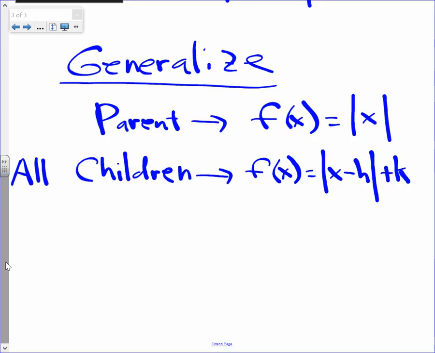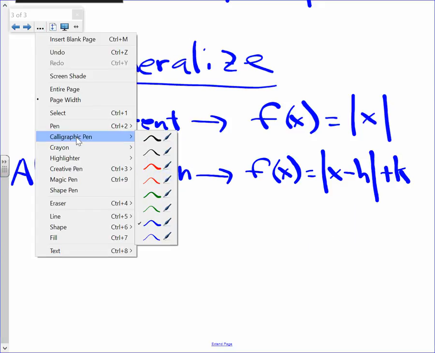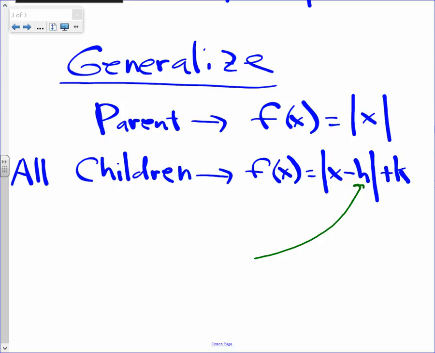Put an arrow where h is. Let's use green. If h is positive, I'll put plus for positive. So if that number is positive, did it move to the left or to the right, Gonzalez?